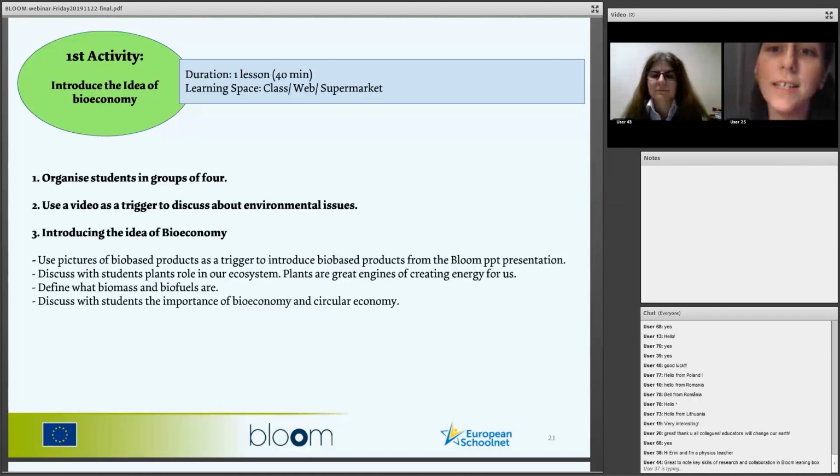Then after that, we wanted to introduce them to the idea of bioeconomy in a way that they will start by posing a problem first. So we started by using pictures of bio-based products as a trigger to introduce them to bio-based products from the Bloom PowerPoint presentations.